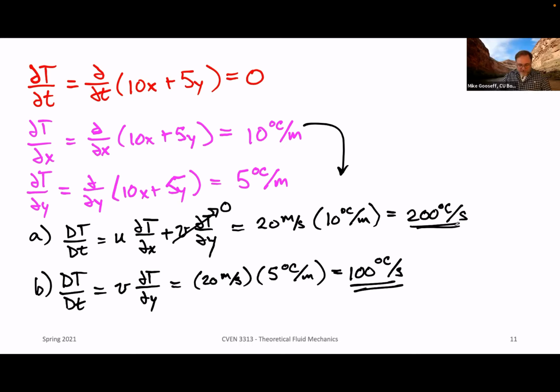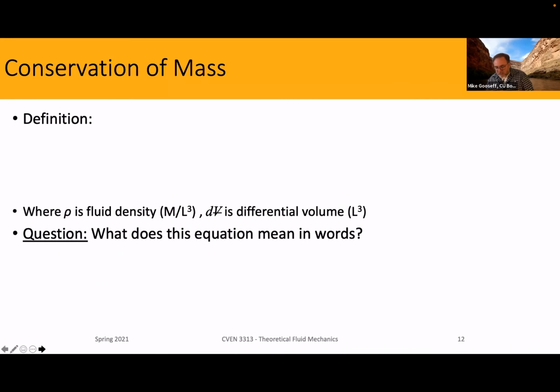All right, terrific. Now let's get back into the conservation of mass. We recall that we're going to define the time rate of change of a system of mass as equal to 0.